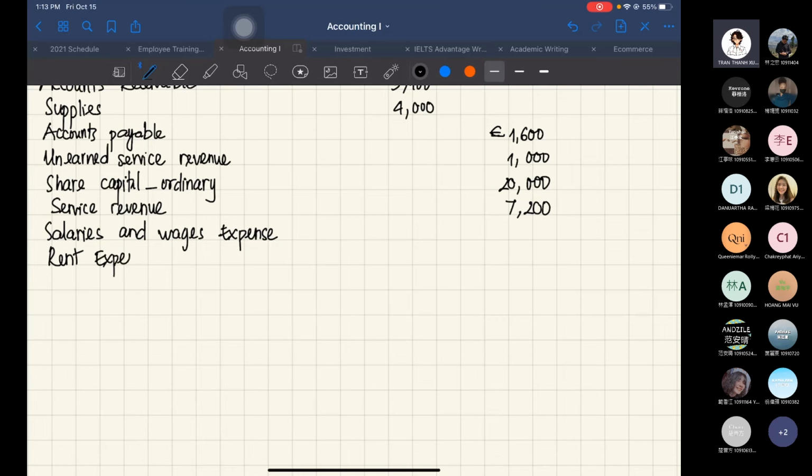Okay, this one, left or right? Credit or debit?